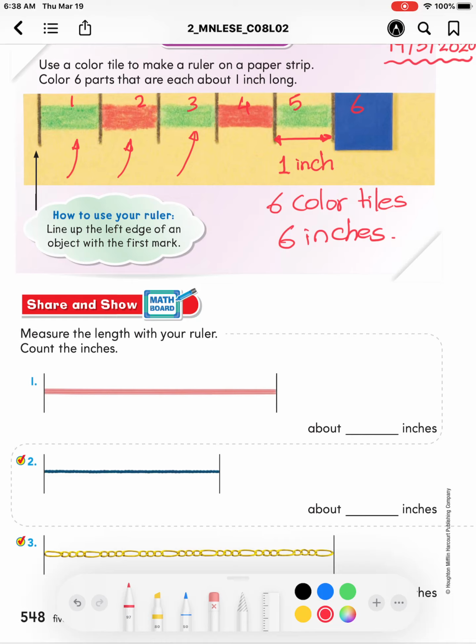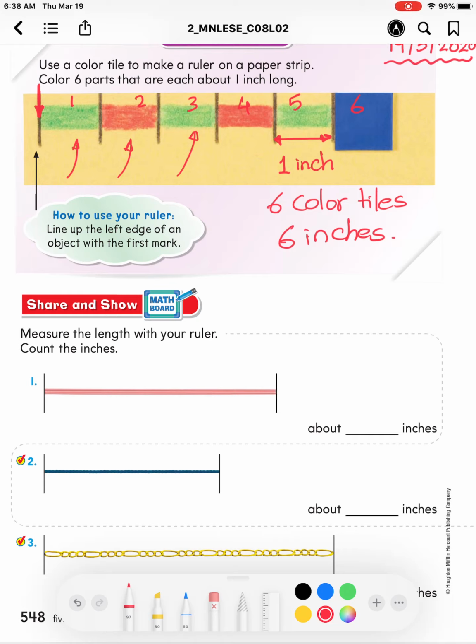Now I need to ask you a question. This is the ruler, but this is the beginning of the measuring. Okay, so we should start from here. What happens if you line up the edge of an object with the end of the ruler instead of the first mark?